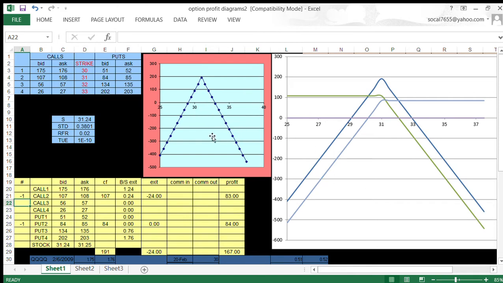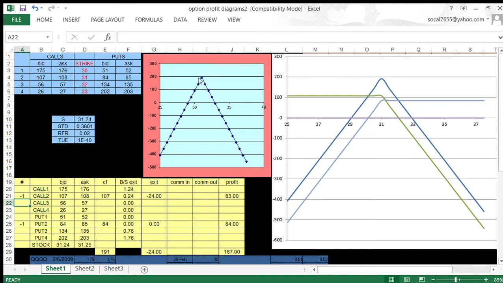And very interesting. So a neat thing about writing a straddle is that if the stock price were to close exactly at the strike price, remember these options have the same strike price, 31. If the stock price closed at 31, it would be great for you as the writer of the call and the put with that strike price, because both of those options would expire worthless, and you get to keep both of the premiums, both of the cash flows you received when you wrote them, 107 for the call, 84 for the put, and 191 bucks, and therefore your profit would be $191, which would be a wonderful thing, I guess.